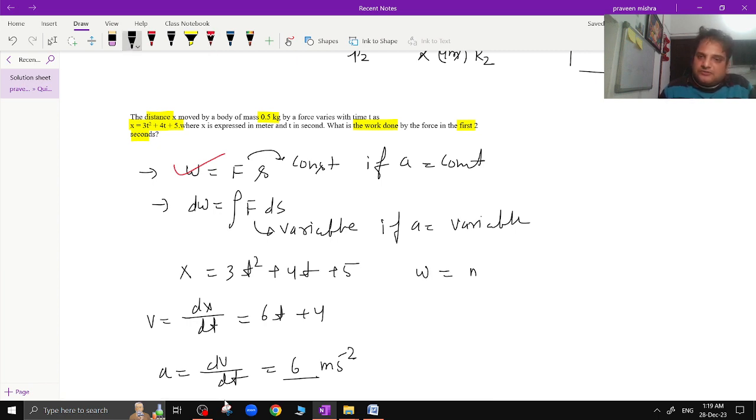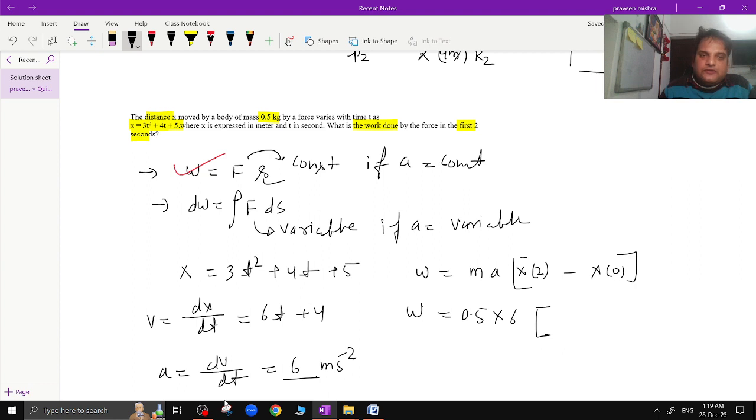Now W is equal to force, meaning mass into acceleration, times displacement. Displacement means the final position of the particle minus the initial position. So work done equals mass 0.5 into 6 into x.